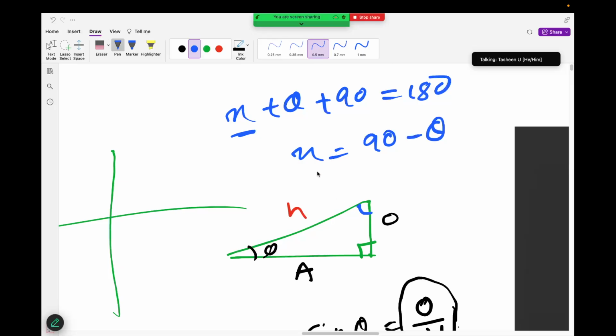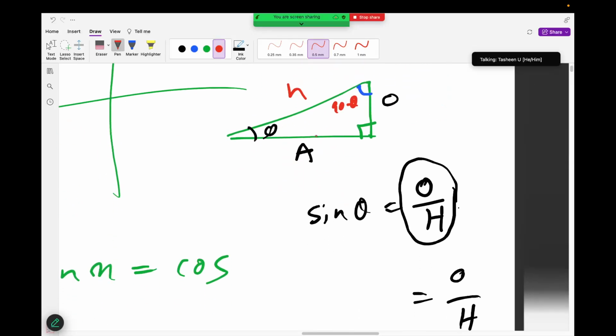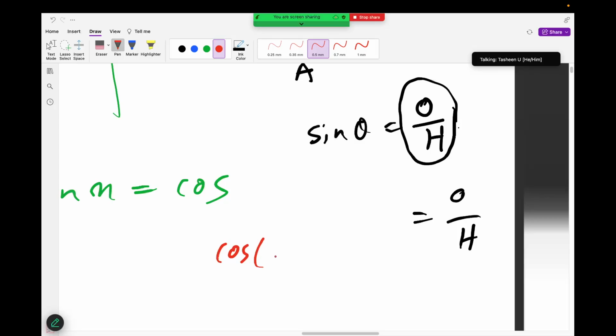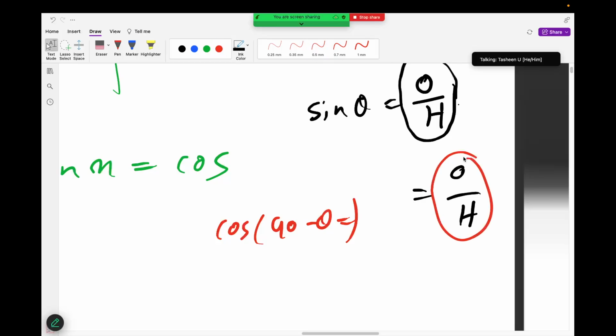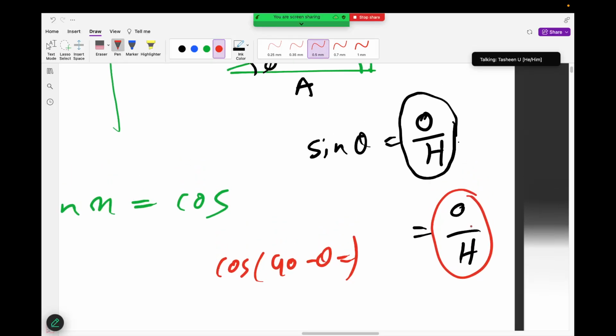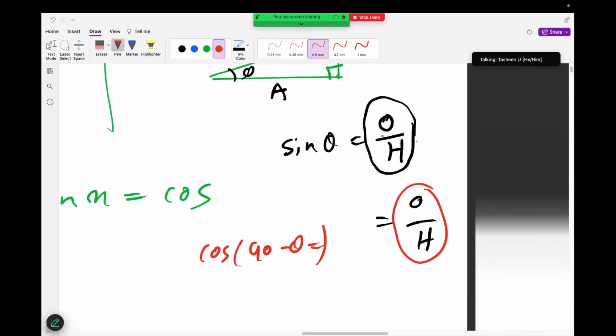So this angle is 90 minus theta. If we calculate the cos of 90 minus theta, what do we get? Adjacent by hypotenuse, the same thing as opposite upon hypotenuse. So you see how sine theta and cos 90 minus theta are exactly the same thing. This is how we can replace sine theta by using cos 90 minus theta.